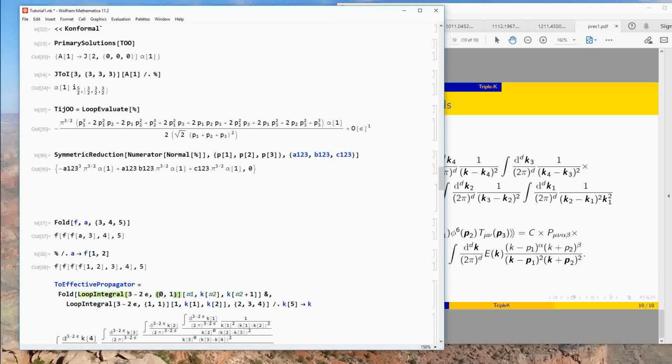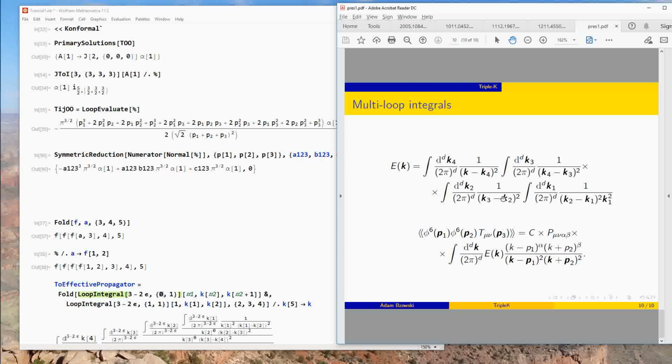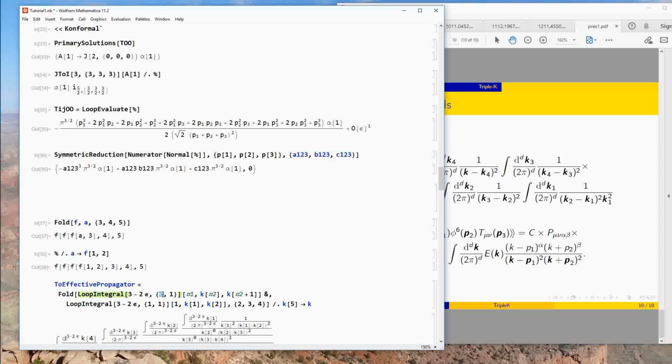And here, because we only have one propagator here, the other propagator is whatever we get from the previous integral. Okay, and we do it for k1, k2, k3, and k4, and the final k5 will remain for k.